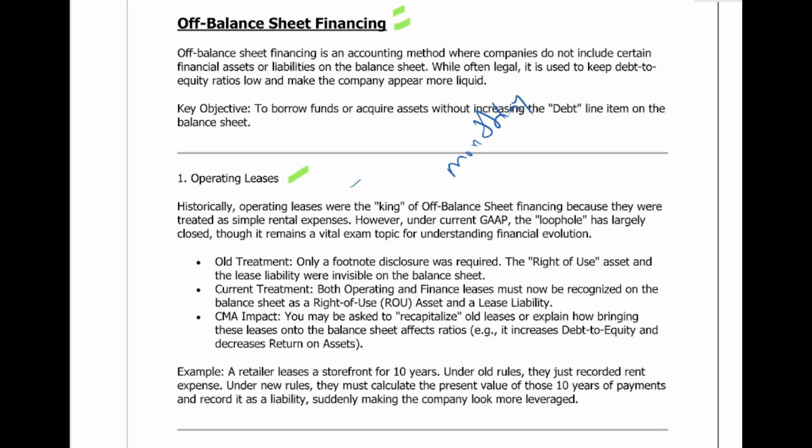If we have purchased that asset, we apply depreciation as a monthly expense, and at the same time we report that asset in the balance sheet as well. But in the case of operating lease, we do not report the asset in the balance sheet; instead it reports only a monthly rental expense.